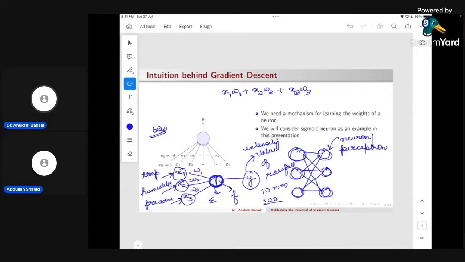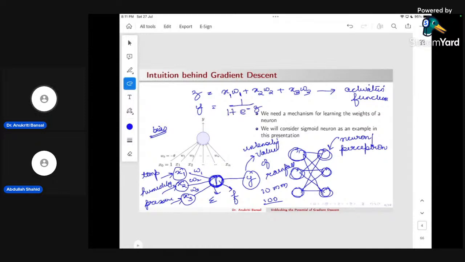Okay, and this f is some activation function. So suppose this sum I'm representing with z. So my y is 1 upon 1 plus e raised to power minus z.